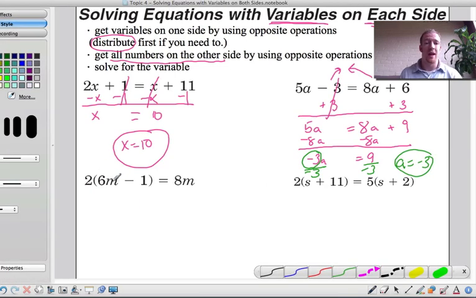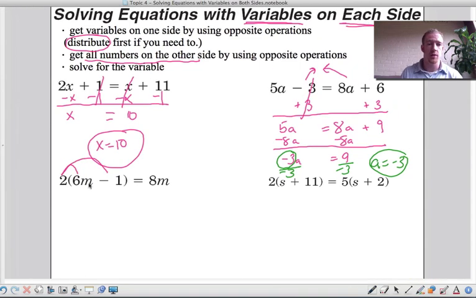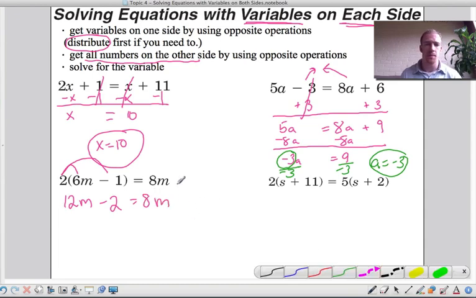Alright, for this one, now we have to distribute to simplify this first. So we have 12m, and don't forget to distribute to both. 2 times negative 1 is a negative 2. Equals 8m. Now we follow the same steps. So something a little different happens here.